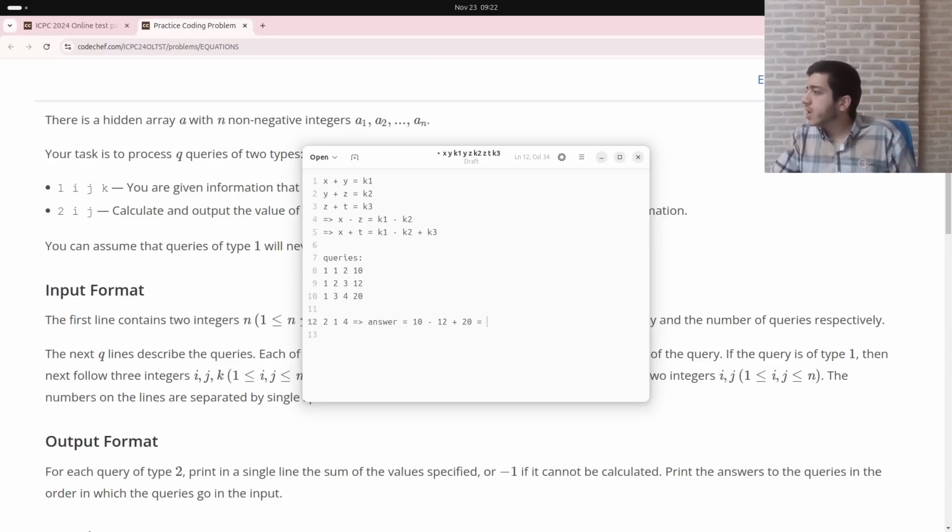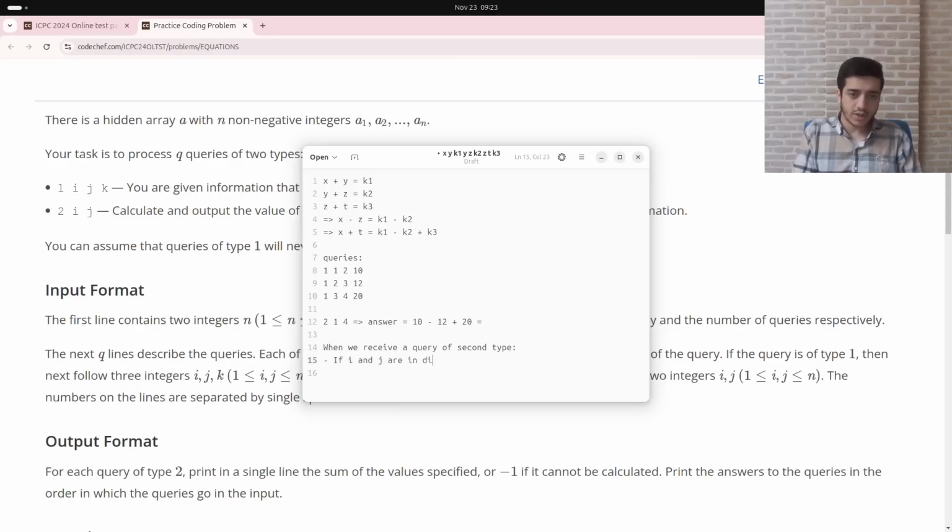So let me say, when we receive a query of the second type, if i and j are in different components, the answer is -1.